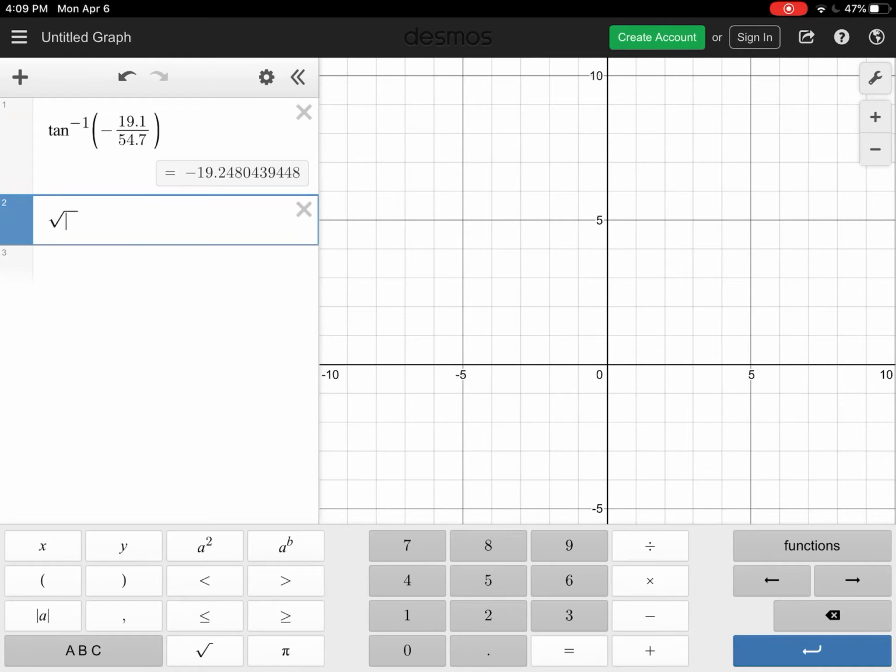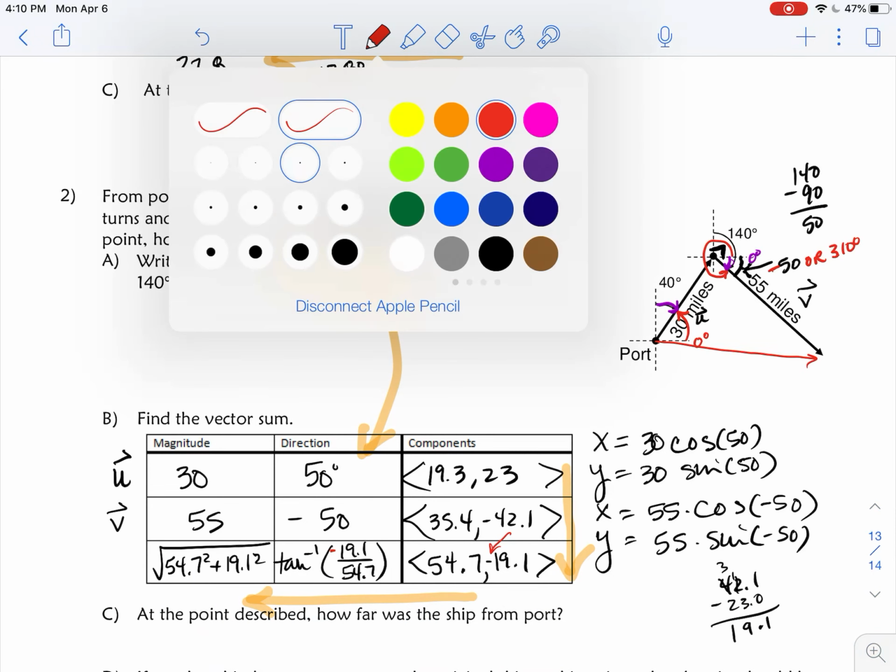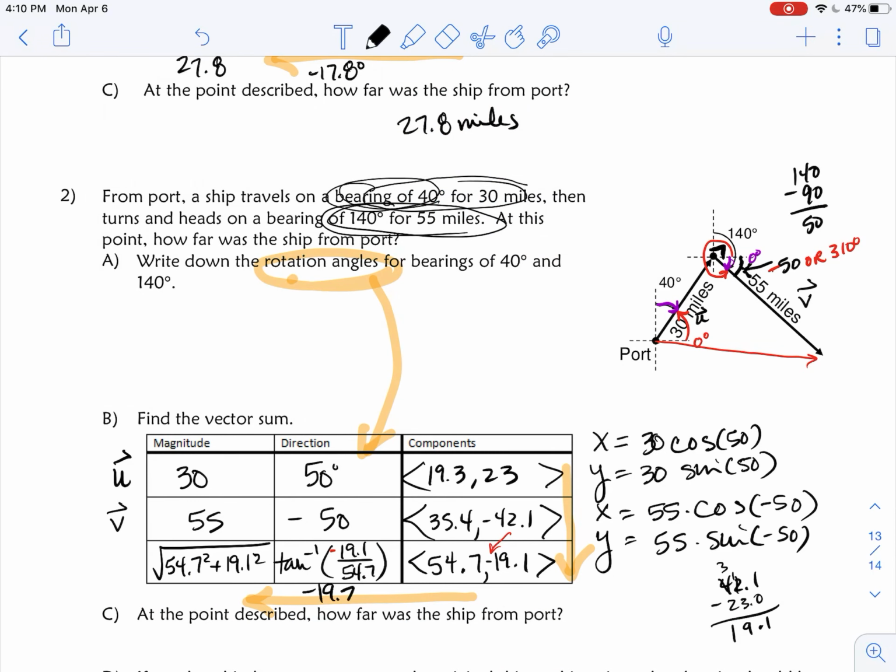Okay, so negative 19.2 would be my direction. And then there is my magnitude. So about negative 19.2, 57.9.